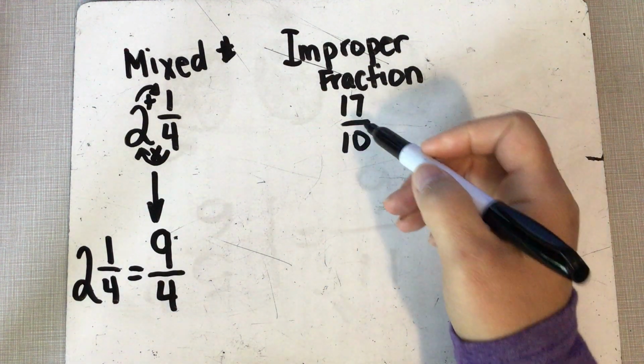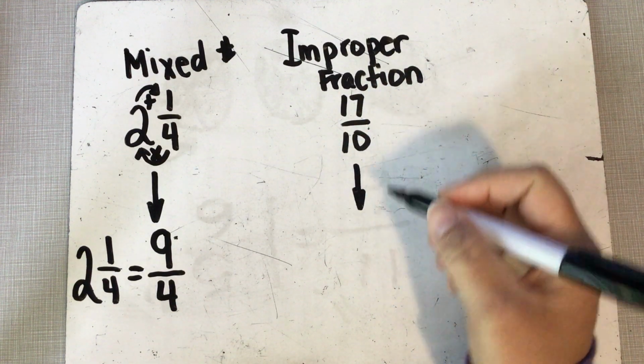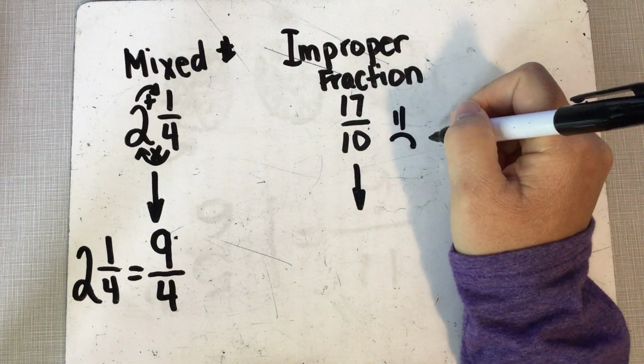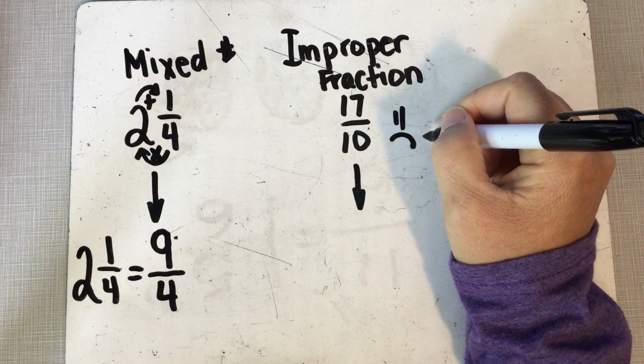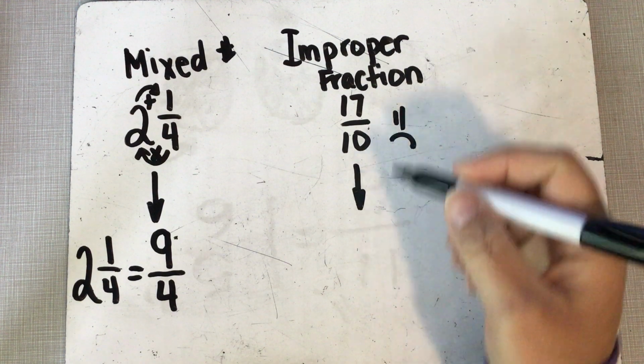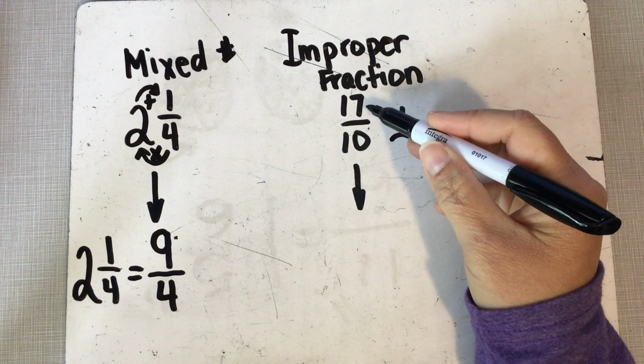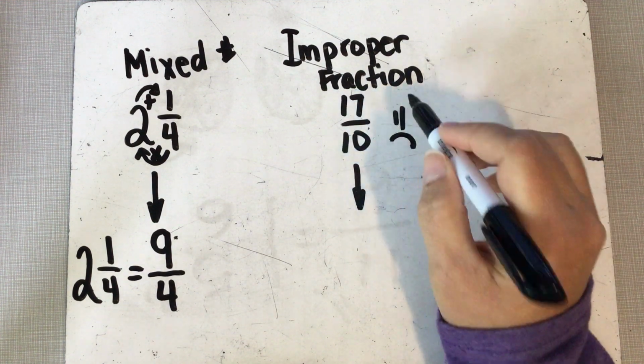Okay, let's look at this one. Now I'm going to go from an improper fraction to a mixed number. I'm going to go from this, which doesn't look nice and is not easy to play with, to a mixed number, which is much easier to work with. So let's start by counting by tens until we get as close to 17 without going over.